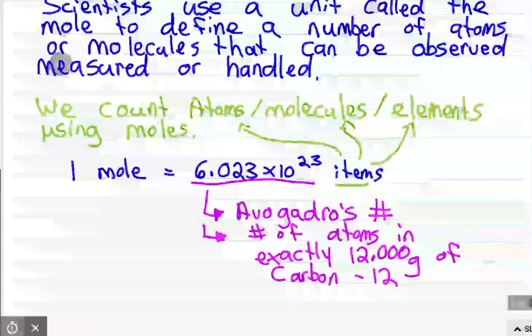So if we were to take 12 grams of carbon-12, it contains 6.023 times 10 to the 23 atoms.